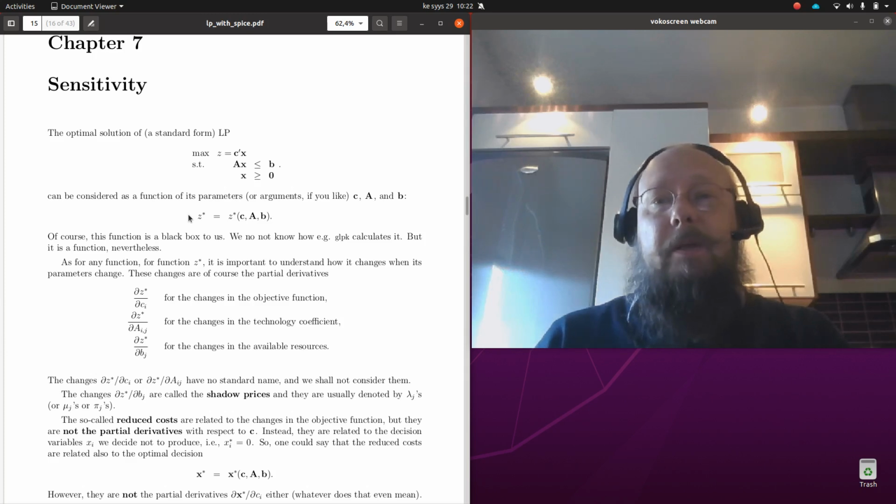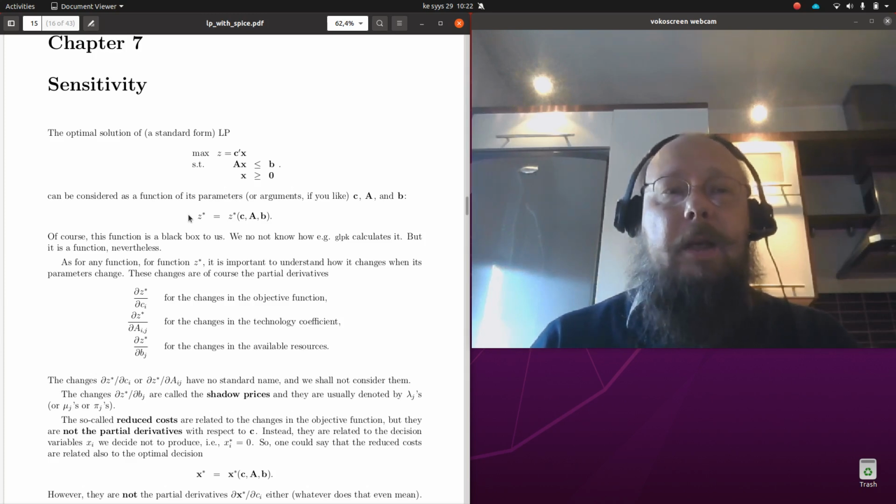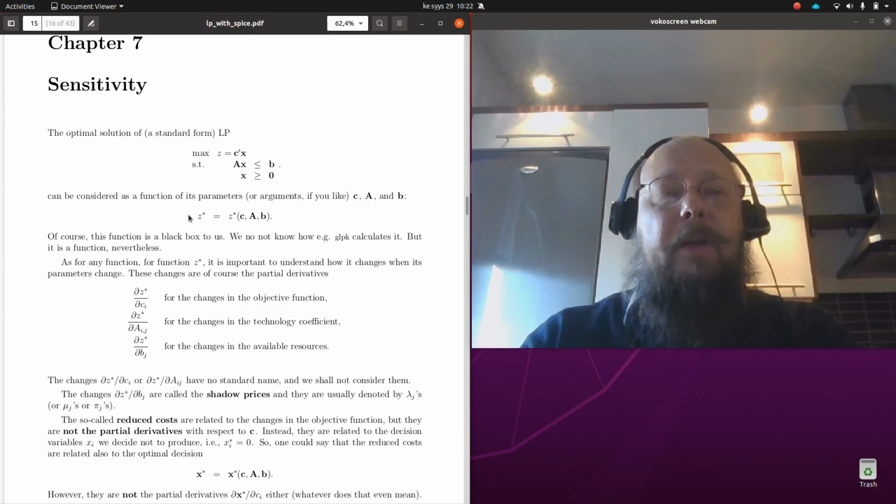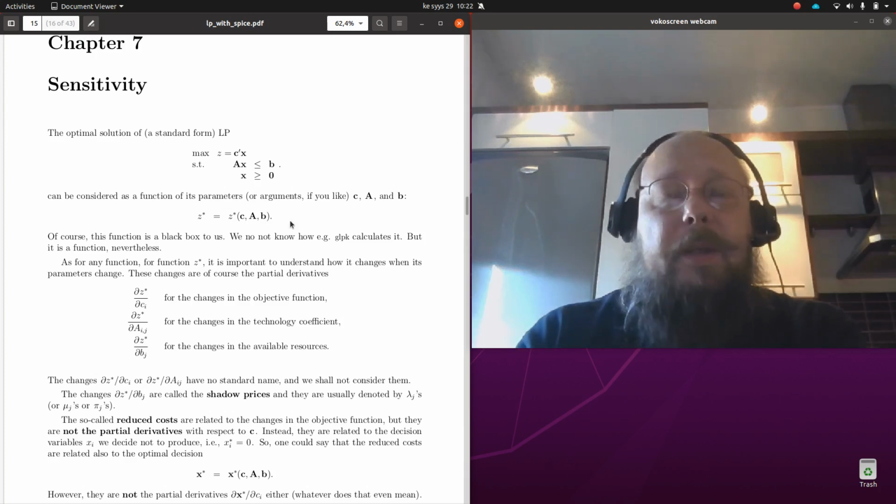One reason is that it's hard work to do the calculations, and also it might not be so clear or intuitive from the solutions what happens if we change them. So it would be nice to see how the solution changes if I change one of the parameters.